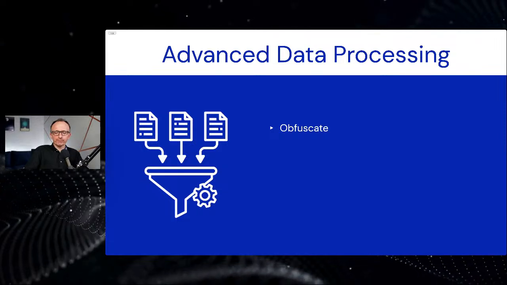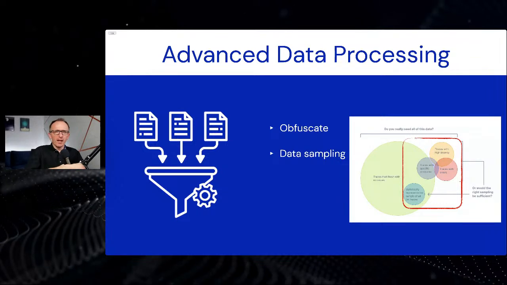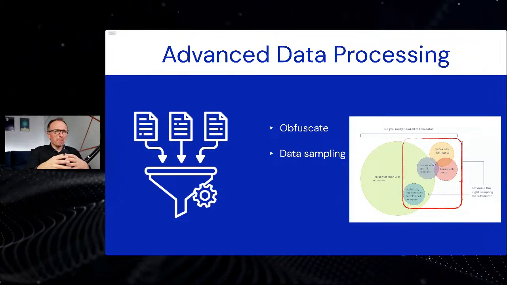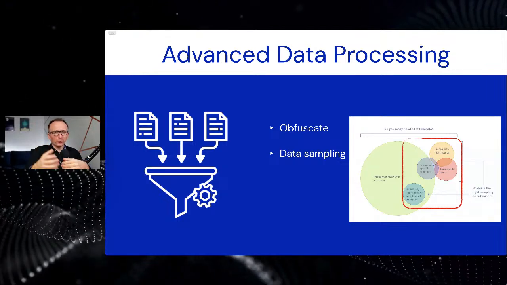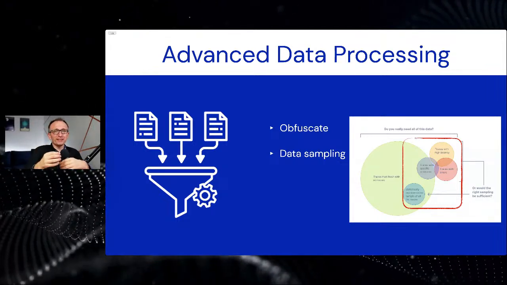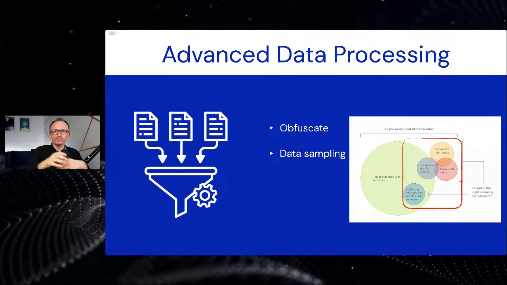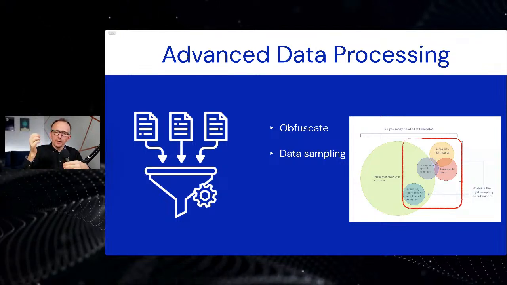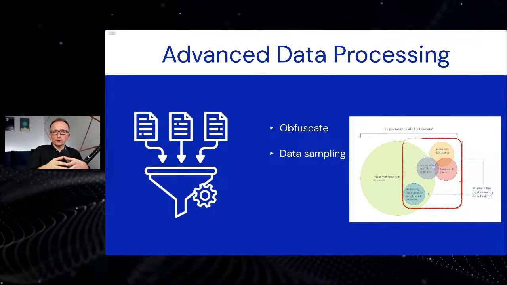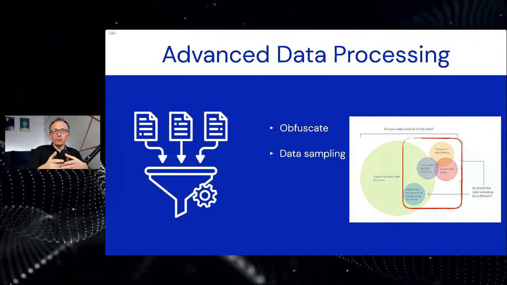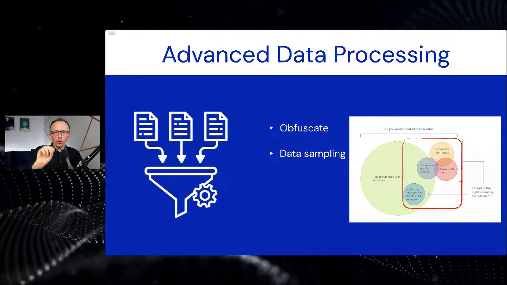Okay, but another thing is data sampling. Do you really need millions of almost identical logs, or almost identical spans, or almost identical metrics? Probably not. So data sampling is a really useful feature that is provided and handled by the OpenTelemetry collector that reduces noise.